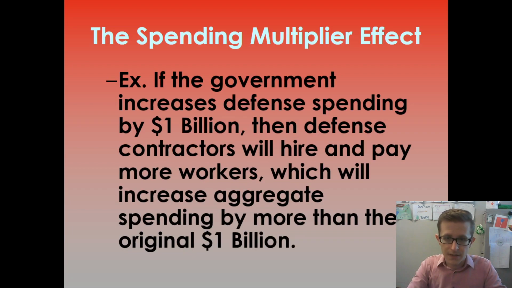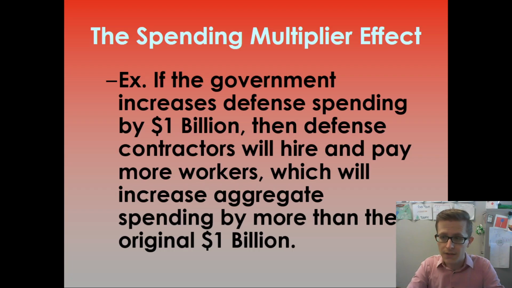So here's a good example. If the government increases its defense spending by $1 billion, then these contractors that they hire and pay, and the resources that they buy for whatever defense stuff they do, are going to end up getting redistributed back into the economy, right? Because the defense contractors that they're now employing have a paycheck.